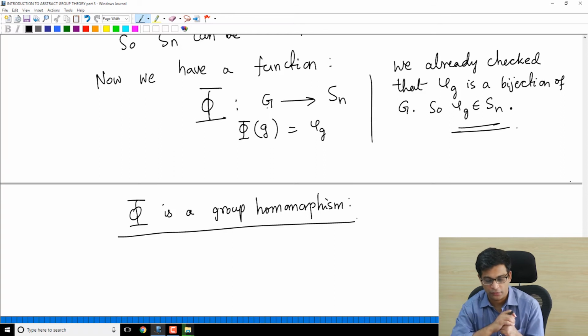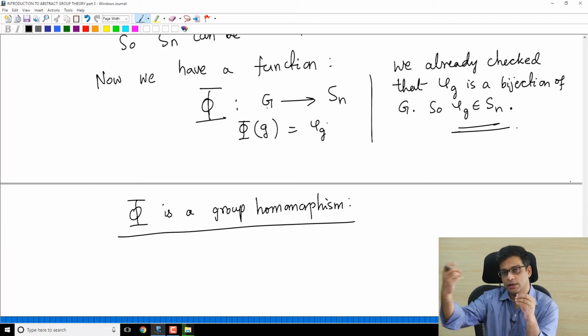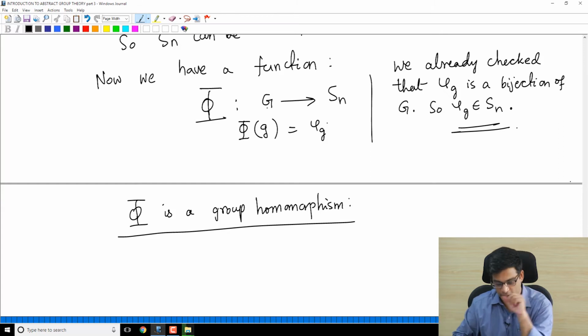That's what capital phi is doing, because Sn is really functions of G to G, and a small g under the function capital phi goes to the function small phi g. So capital phi is a function that takes an element of the group G and sends it to a function which is what we are calling phi g.